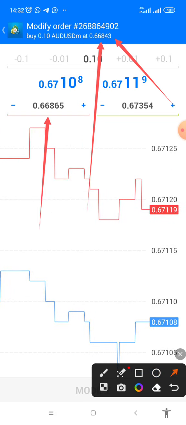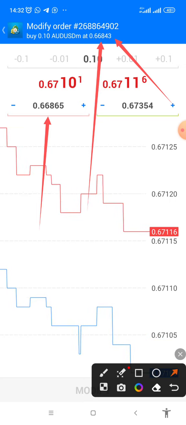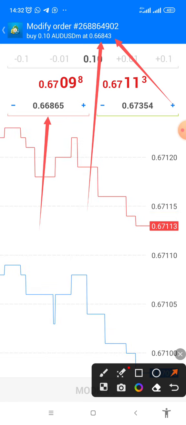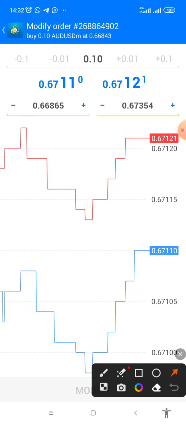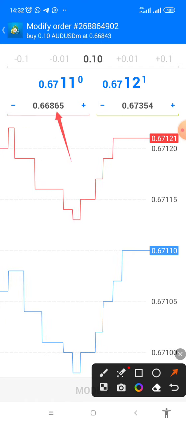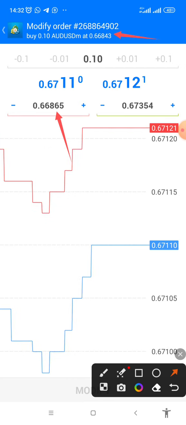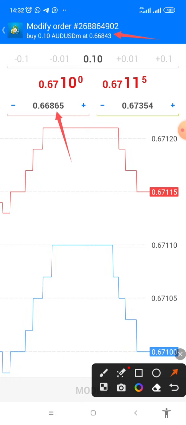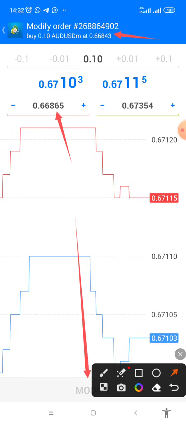It means I have moved the stop loss above the entry. You see over here that my stop loss is 2 pips above the entry price. And then once that is done, you click on the modify sign that is below here, and then it will modify.